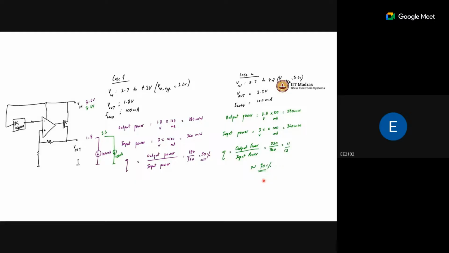In this case we are getting 90% efficiency. So we can see in both cases how the efficiency matters based upon the output whenever we are stabilizing the output based upon the input.